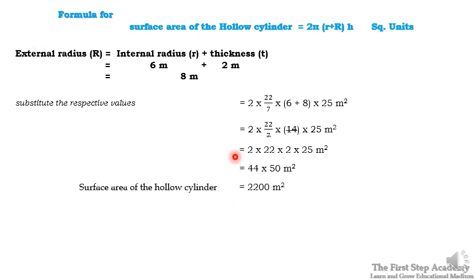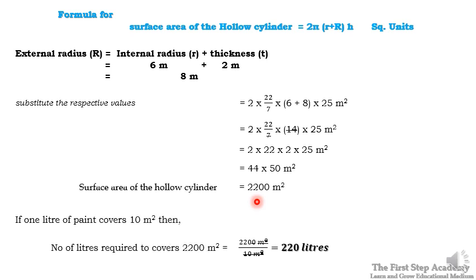Now our primary objective is reached. The next thing we need to find is how many liters of paint are required to paint this surface area. In the question, they have given that 1 liter of paint covers 10 meters squared. Now, this much area we need to paint, so how many liters are required?